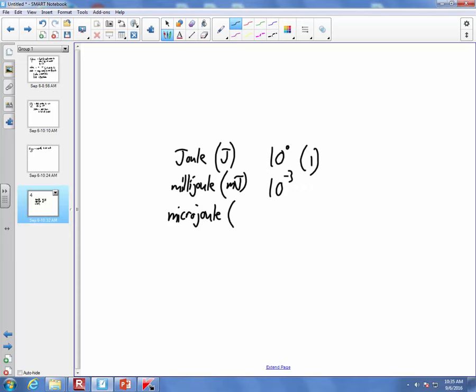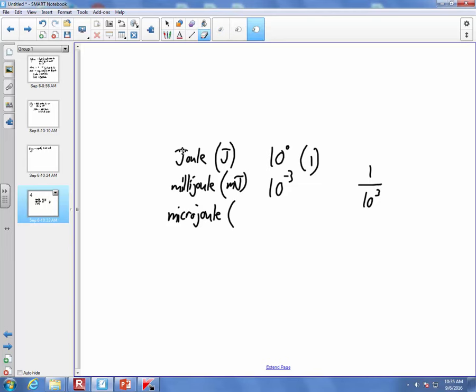Because it's diminishing, you're moving the decimal point to the right, dividing. Saying 10 to the negative 3 is the same as saying 1 over 10 to the 3, mathematically. So 10 to the 3 is 1,000, and 1 over 1,000 would be 10 to the negative 3. Just consider it moving zeros and adding zeros.